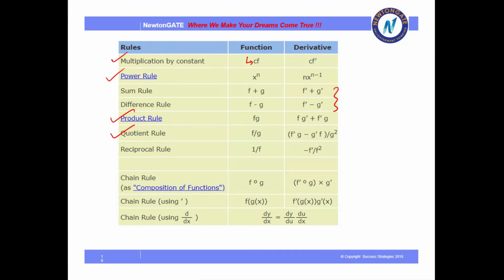You just have to add the differentiation of the individual items and then go forward. Chain rule, again, is for your composition of functions, f o g into g dash, and chain rule using d dx follows the same thing. The most important are the product and the quotient rule. So let us go through some sums which will require these kinds of rules.